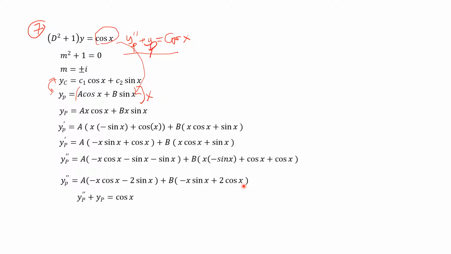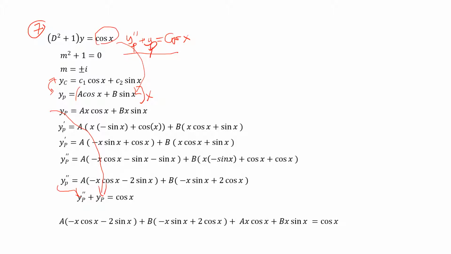Now it should satisfy this equation, yp double prime plus yp is cosine x, for us to determine a and b. Our yp double prime should be plugged here and your yp should be plugged there. So we have this equation.